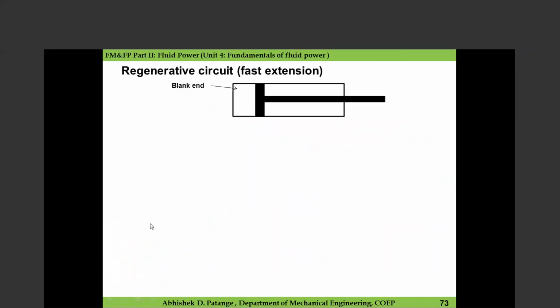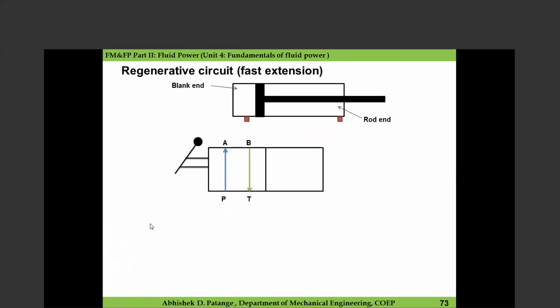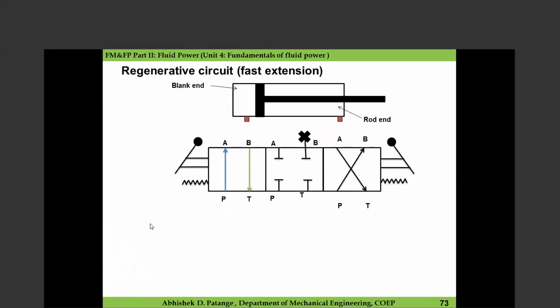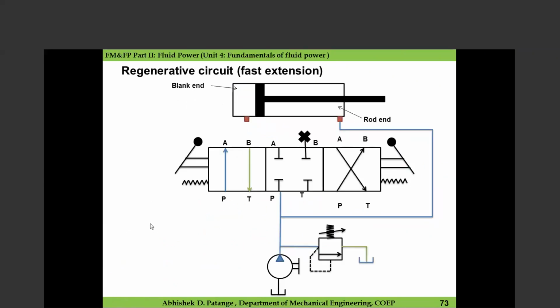Now let us go for retraction. Retraction for the regenerative circuit is simple, because if you see this particular arrangement you will understand that. For retraction we want to actuate this position, and to actuate it we have to operate this hand lever. When I operate this hand lever, this switching position comes into picture.